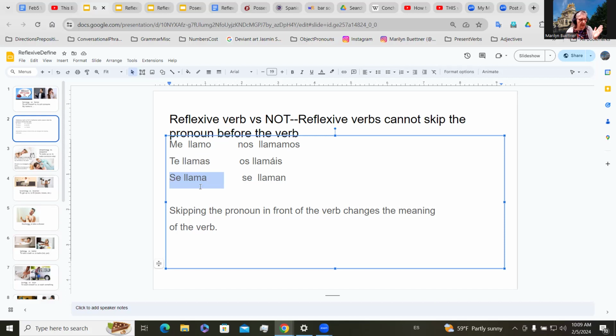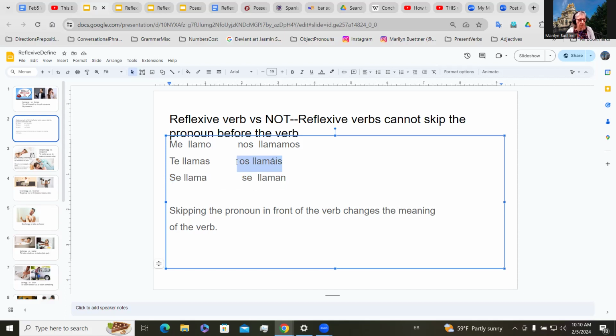For él or ella or usted or ellos or ustedes, for anything that is what we call third person, meaning anytime we talk about somebody else, not you, those all use the pronoun se. Whether it's él se llama or ellos se llaman. Both of those, third person singular and third person plural, use se. So they share the same kind of reflexive pronoun.